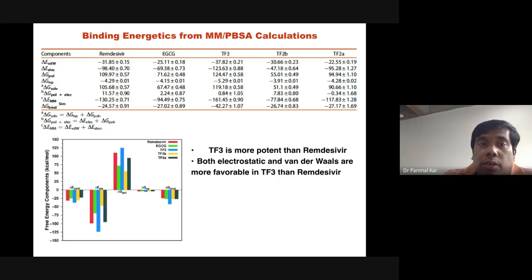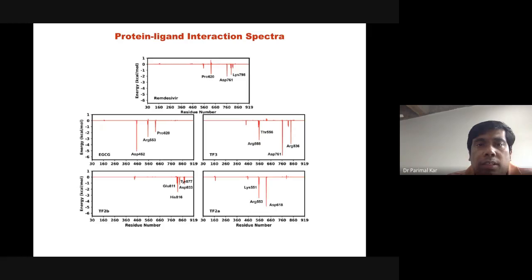But the polar solvation free energy is more unfavorable in TF3 than Remdesivir. So overall you can see that the van der Waals interaction and the intermolecular electrostatic interactions are more favorable in TF3 than Remdesivir, causing TF3 to be more potent than Remdesivir. So that is also another finding that we have reported, and this work is published.